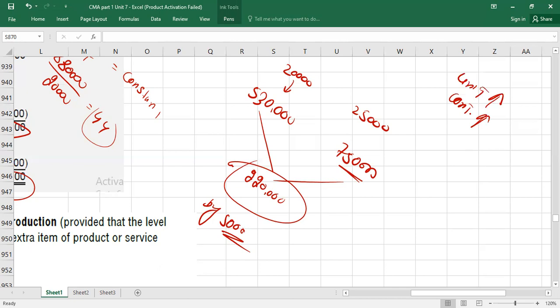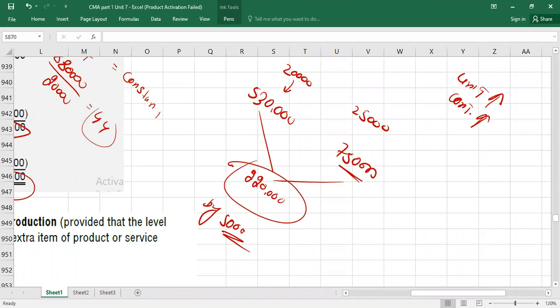First, contribution per unit remains constant, but when you sell one extra unit, your total contribution will increase, and your operating income will also increase, because fixed cost is not changing between contribution and operating income. Even if your sales drop by 1 unit, your total contribution will decrease and your profit will also decrease. Understood? Keep these points in mind.